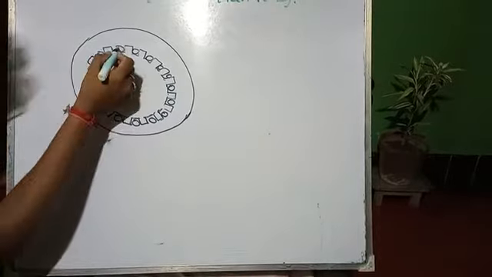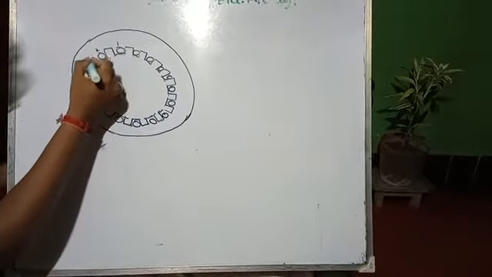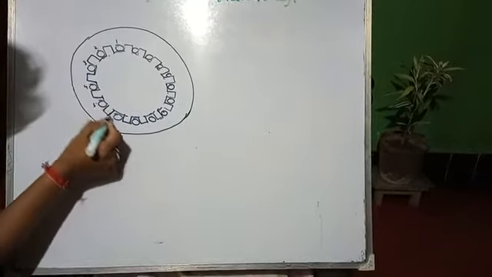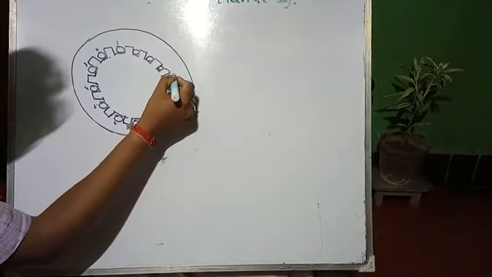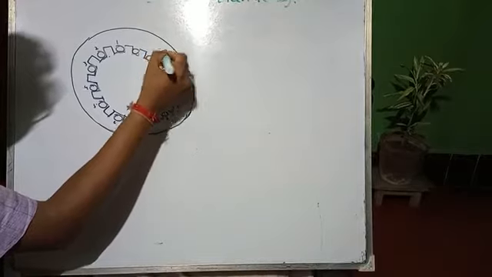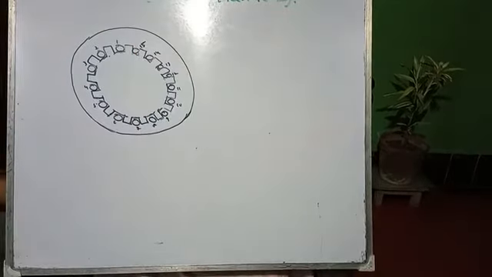So 1 2 3 4 5 6 7 8 9 10 11 12 13 14 15. There are 15 stator conductors.